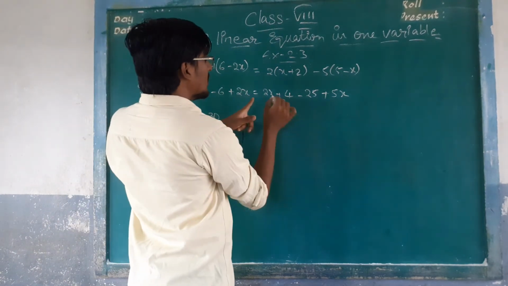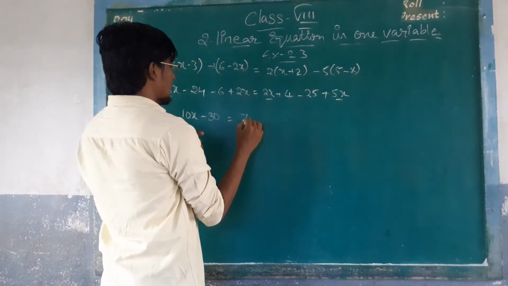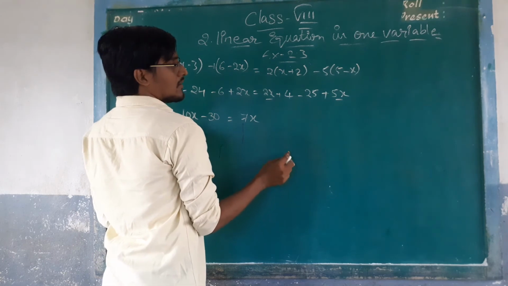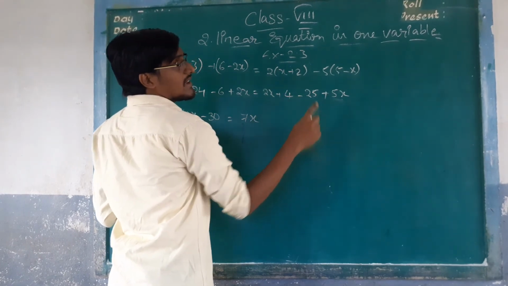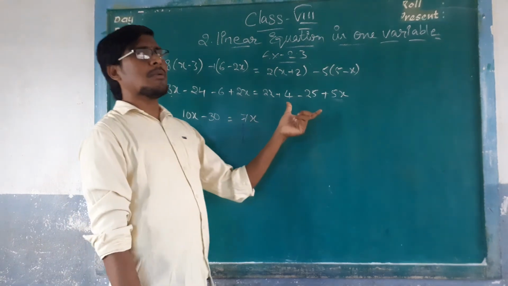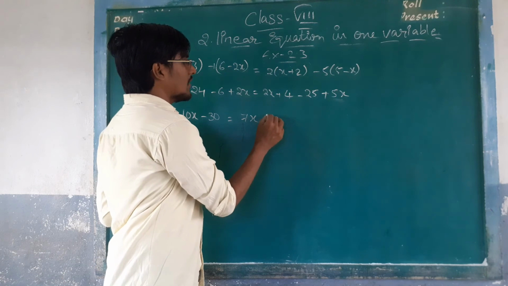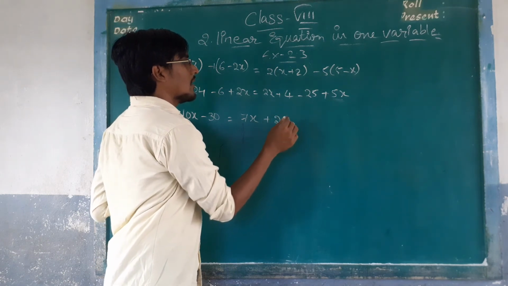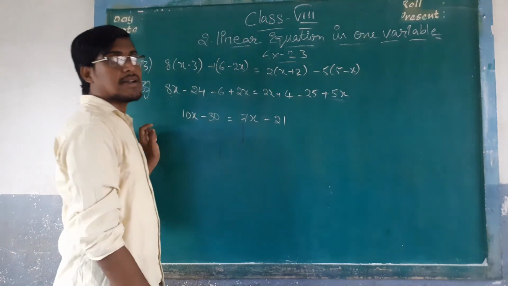What are the variables here? 2x and 5x. 2x plus 5x, that is 7x. What are the constants here? Plus 4 and minus 25. On plus and minus we have to subtract. 25 minus 4, that equals 21. So the highest value is minus, so you have to put the minus here.